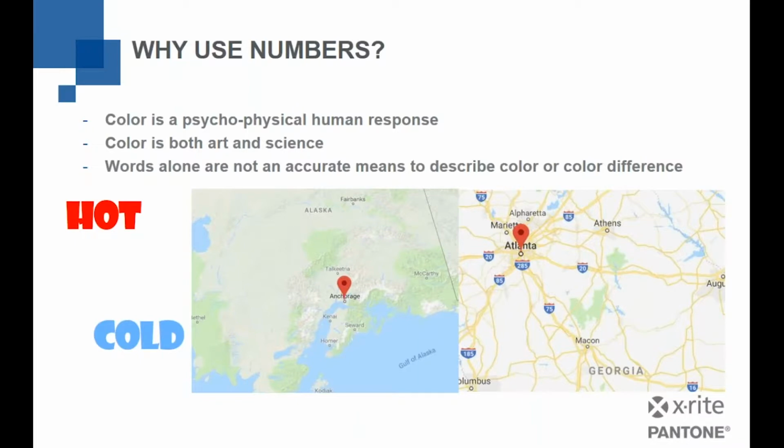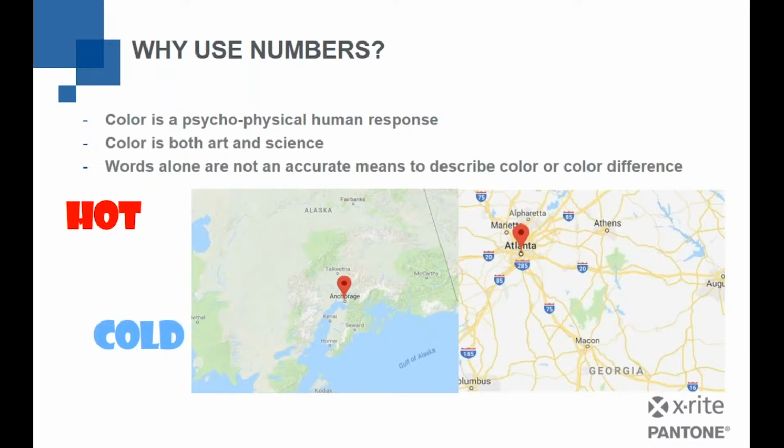For example, if we go to someone in Anchorage, Alaska, and ask them what temperature is hot or cold, honestly, it's going to be a very different answer than if we go to someone in Atlanta, Georgia, or if we go to someone who's in the Sahara Desert, their answers will probably be an even greater difference, right? So we can argue about what's hot and what's cold.